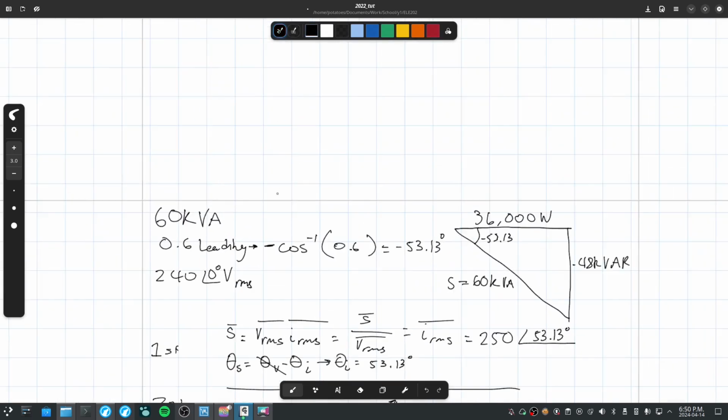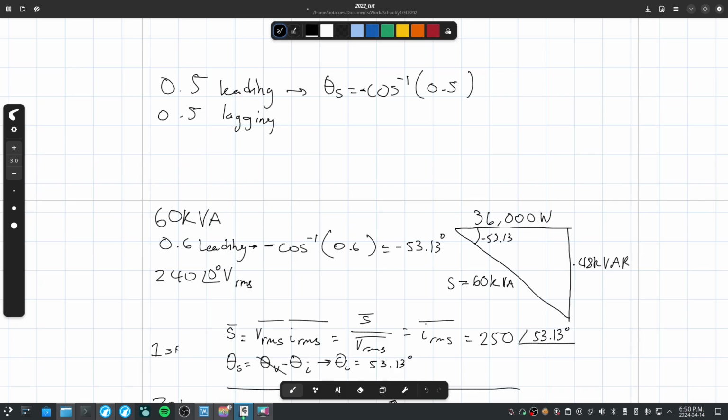Let me just leave a note here for anyone reading afterwards. 0.5 leading: the angle of the apparent power is cosine inverse of 0.5. And 0.5 lagging is the opposite.